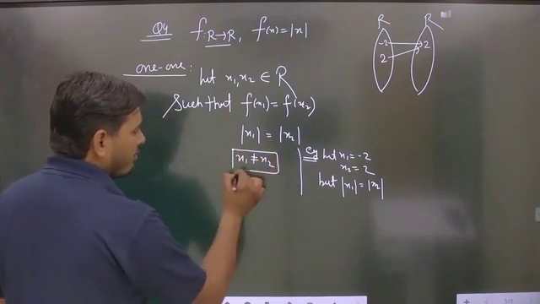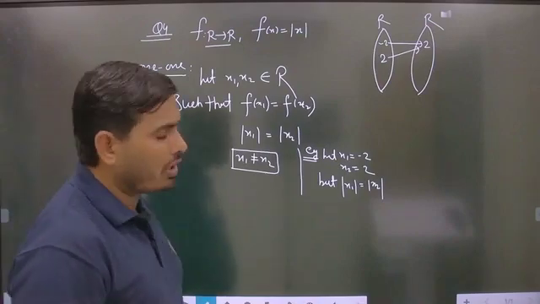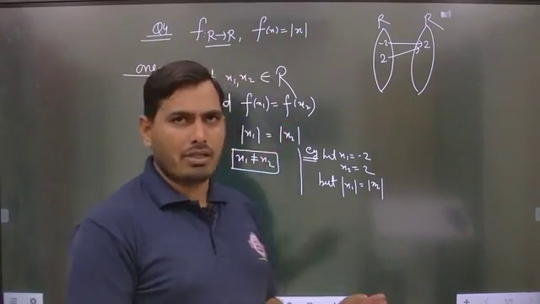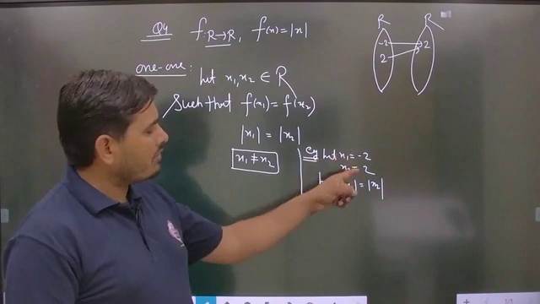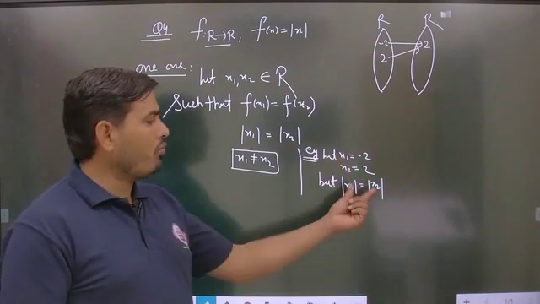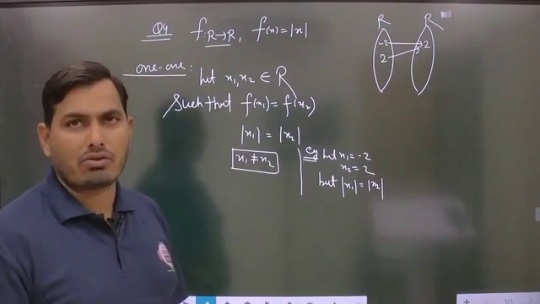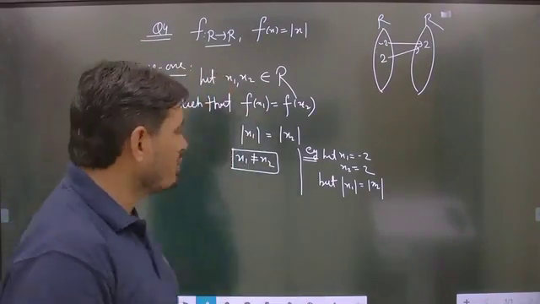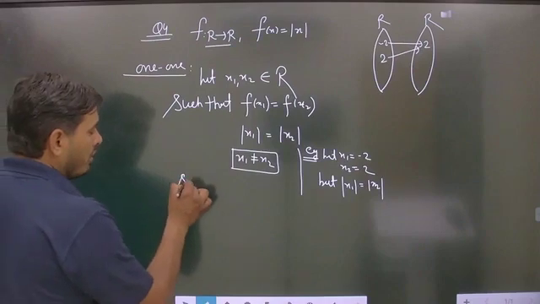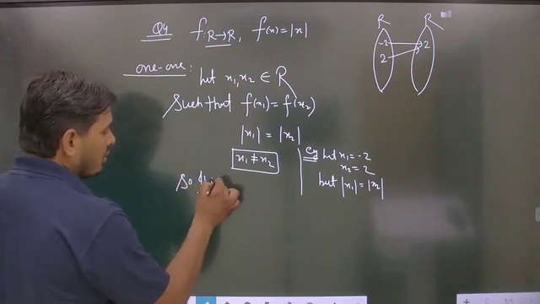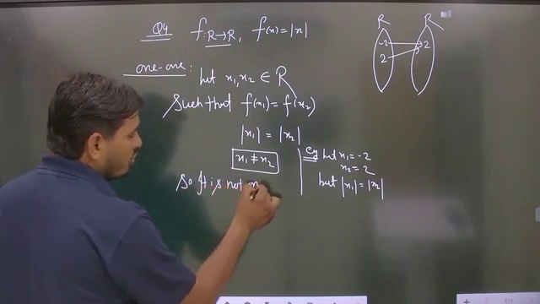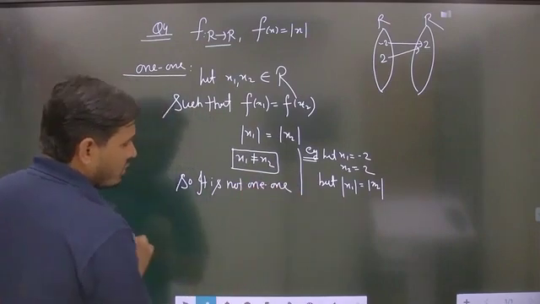Here x1 and x2 are different, but their moduli are the same. So x1 is not the same as x2, and therefore it is not one-one. Is that clear? So this is not an injective function.